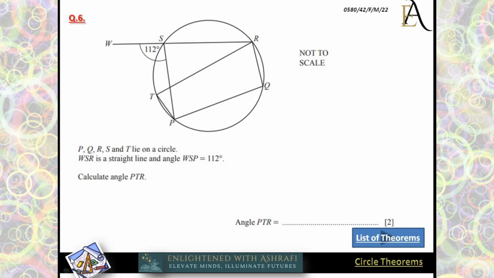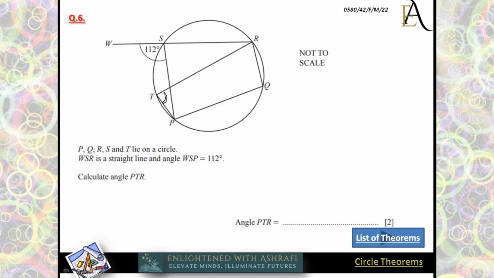This is again a past paper, Cambridge, paper 4 Feb March 2022. Here we have P, Q, R, S, T lie on a circle, WSR is a straight line, and angle WSP is 112 degrees. Calculate angle PTR. This is the angle we have to calculate.